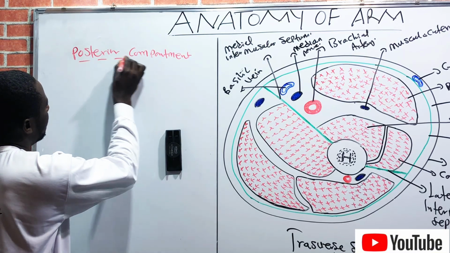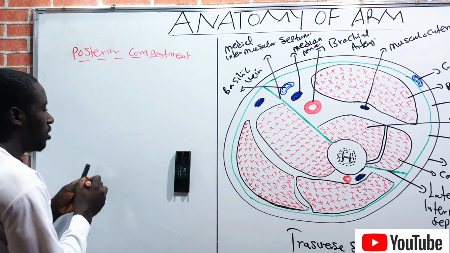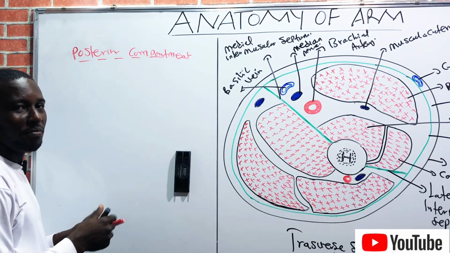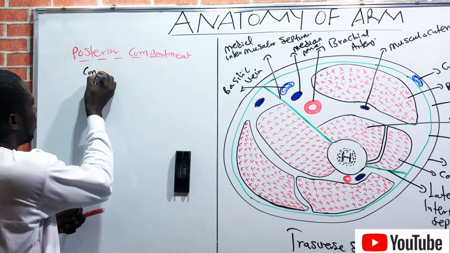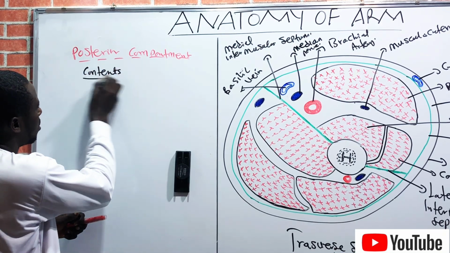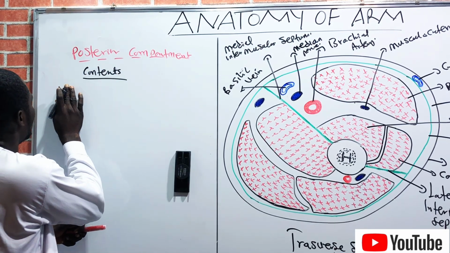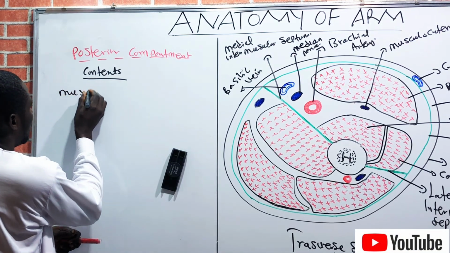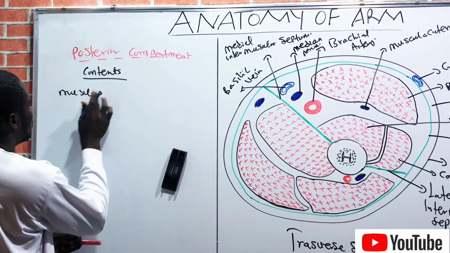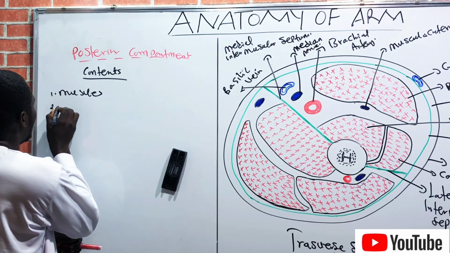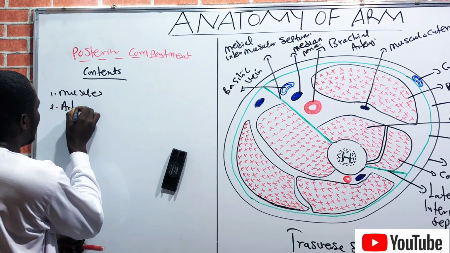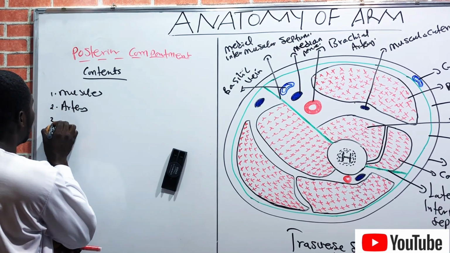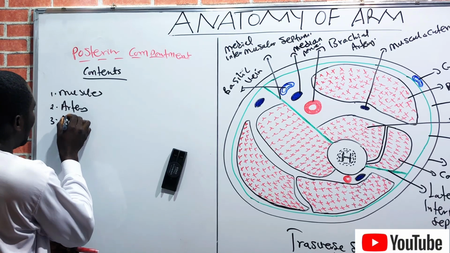What are the contents of the posterior compartment of the arm? We will have the muscle, the artery, the nerve.